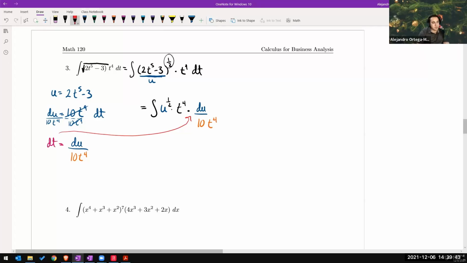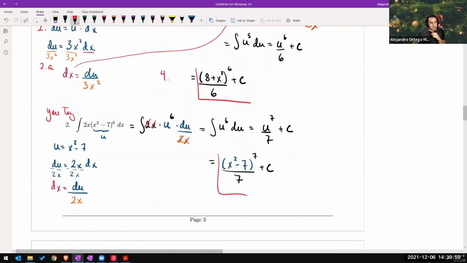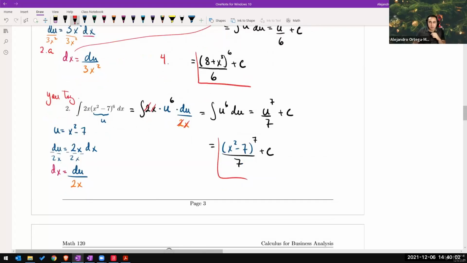Again, the magic happens. I can cancel the t to the 4th. That's good. But now this problem is starting to look slightly different than the ones that we just did, because now the 10 is in the denominator and it didn't cancel with anything on the top. The numbers cancelled on the other ones. This one here is not canceling.